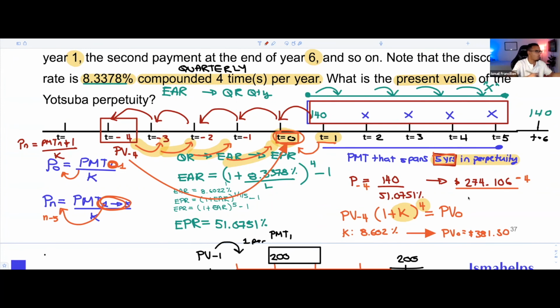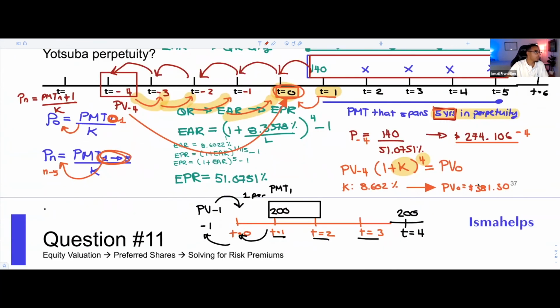Okay? So that's just context on how to play around with this perpetuity nonsense, how we're moving all over the place. It's very important for you to understand. So once we did that, it gave us a value at PV minus 4. PV minus 4 is not today. PV minus 4 is not equal to PV 0. But we're not going backwards anymore. Now we're going forward.